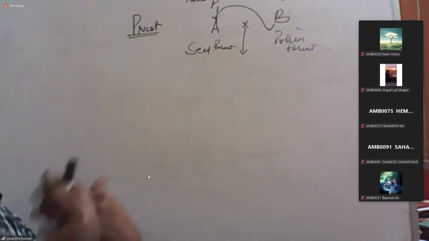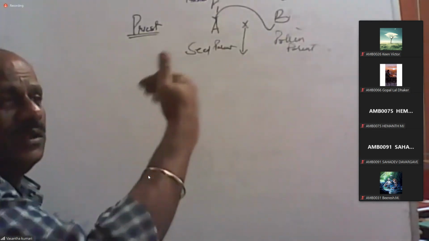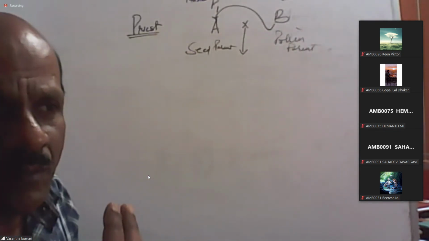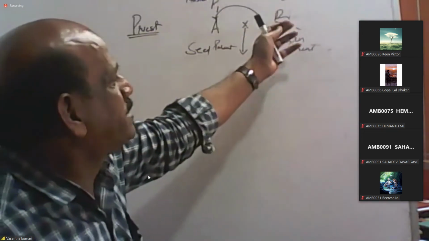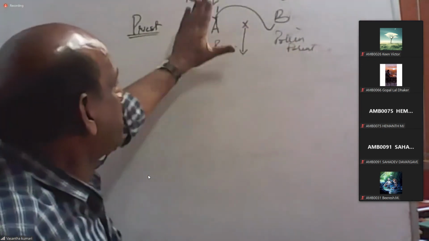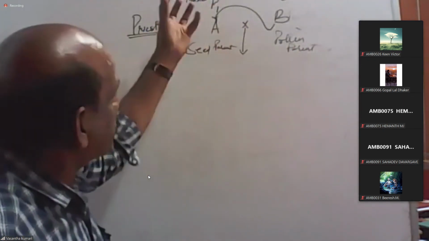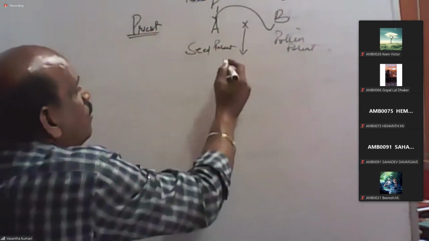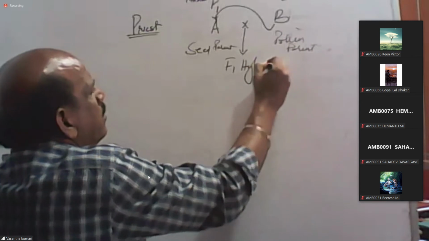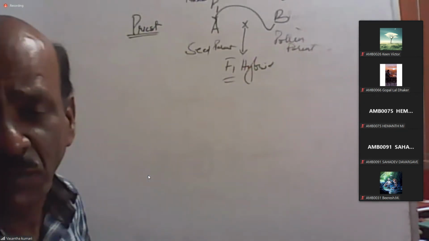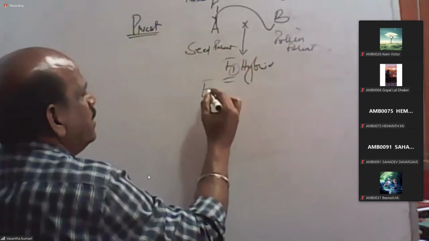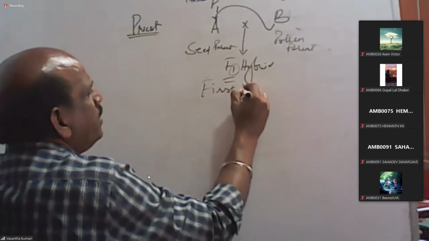But how does it get the male? The male will come in the form of pollen, either through wind or through insects. The male gametes produced by this can be carried, but the female gamete cannot be carried. So this is called the seed parent, because seed is nothing but the F1. When you make a cross, you get the F1 hybrid. What is F1? F1 actually means first filial. First, this is first. This is filial. First filial.